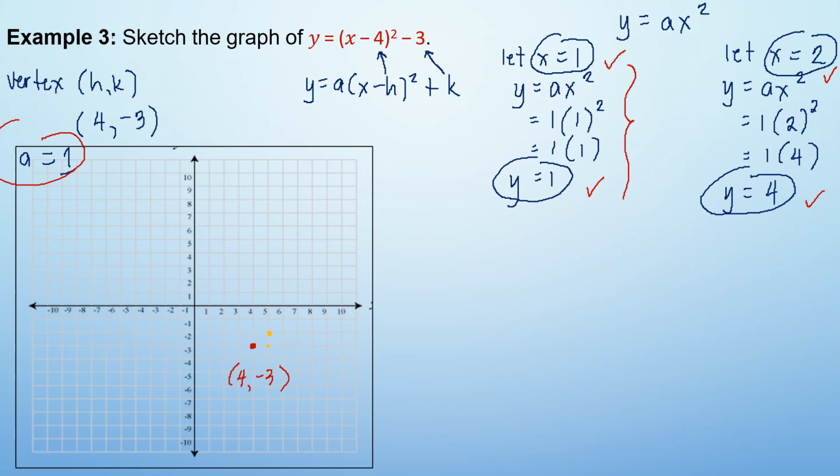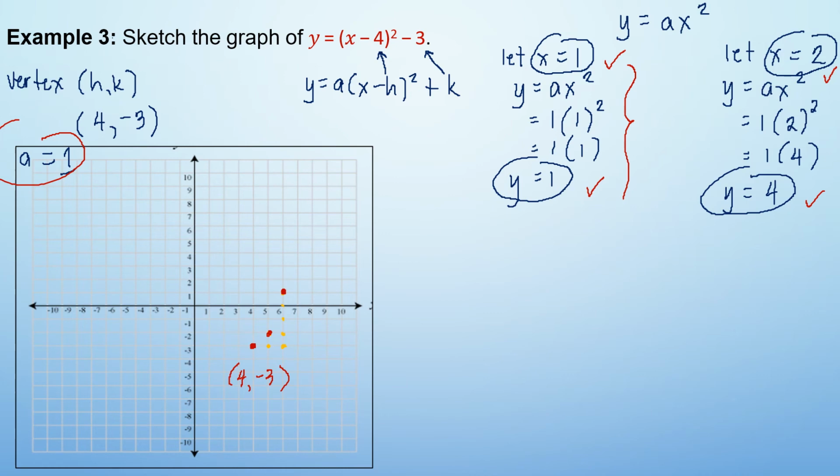That will be the next point of the given parabola. Next, x is equal to 2 and y is equal to 4 means that we need to move 2 units to the right and 4 units upward from the vertex. So we move 2 units to the right, 1, 2, and then 4 units upward, 1, 2, 3, 4. That will be the next point of our parabola.